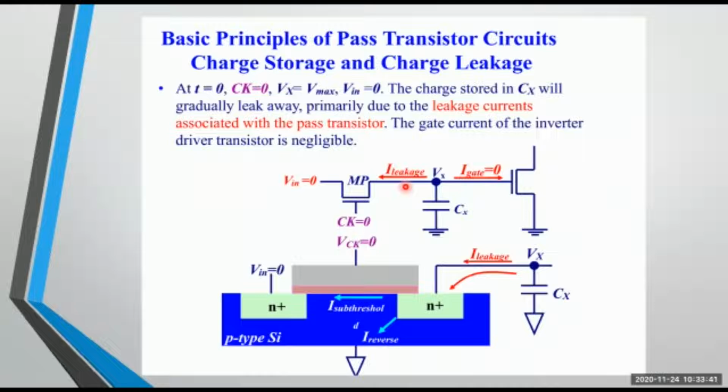And later, due to the transistors: in the previous case you have seen some inverters connected here, and the gate of the inverter is connected to this capacitor. Because of that it also leaks, but that is very low and negligible. But mostly it leaks because of the degrading of the state from the high potential area to the low potential area. So that's the basic reason.